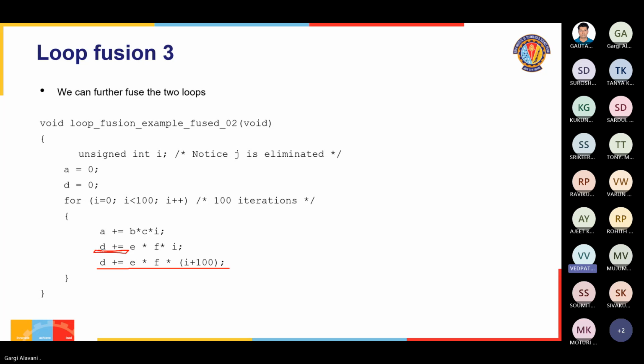Wouldn't that have a problem in the context of parallelism? Because D will be referring to the same memory location, right? We are trying to write at the same index via those two statements. Wouldn't that cause any problem per se?